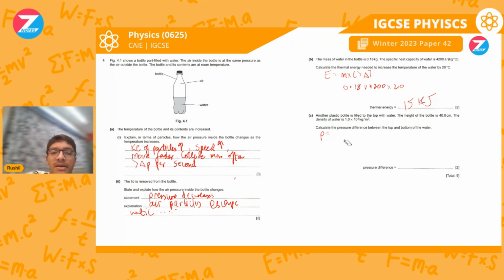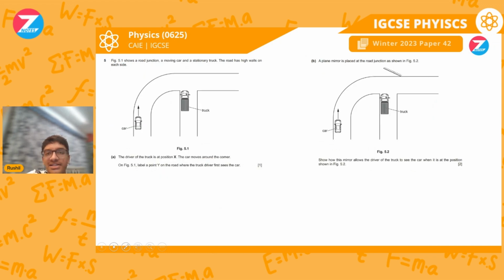So when we have to calculate pressure difference, it'll be the difference in height into the density into acceleration due to gravity, which here, since the difference between the bottom and the top of the bottle is 40 centimeters, the height difference would be 0.4 into density of 10 to the power 3 into 9.8, which is 3900 Pascal. To be more specific, it's 3920 Pascal, but two significant figures is enough.